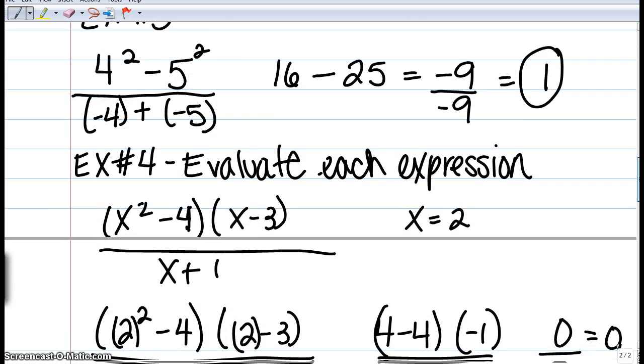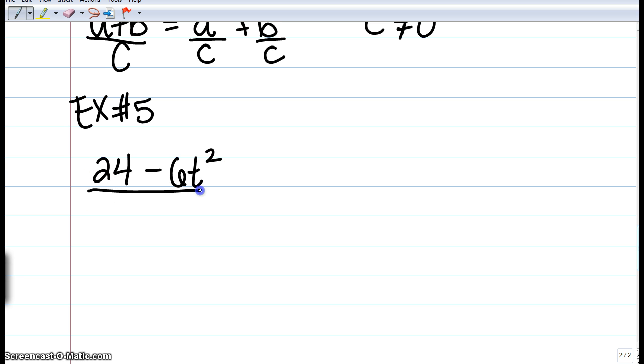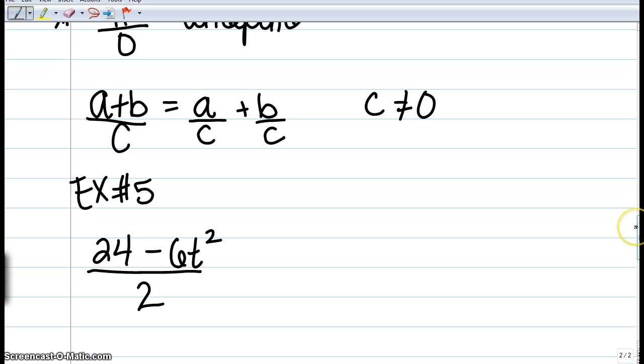Last one, example number 5. (24 minus 6t squared) over 2. Now this looks like the definition I just gave you right here.